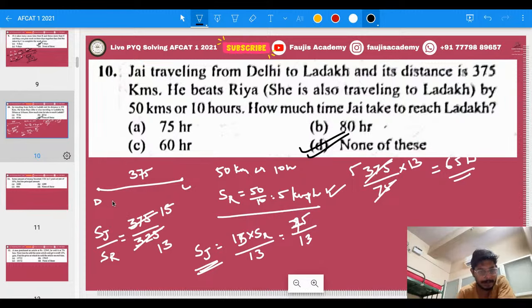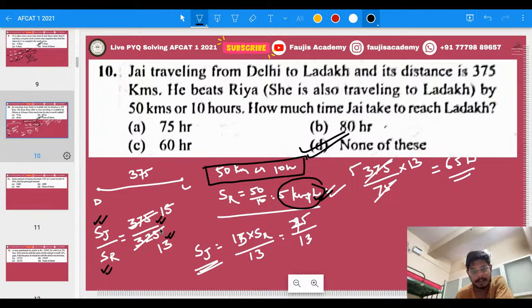So what we have done: if Ria is beaten by 50 kilometers in 10 hours, that means her speed is 5 kmph, right? If her speed is 5 kmph, the speed of Jai and the speed of Ria are in the ratio 375 to 325. Why?